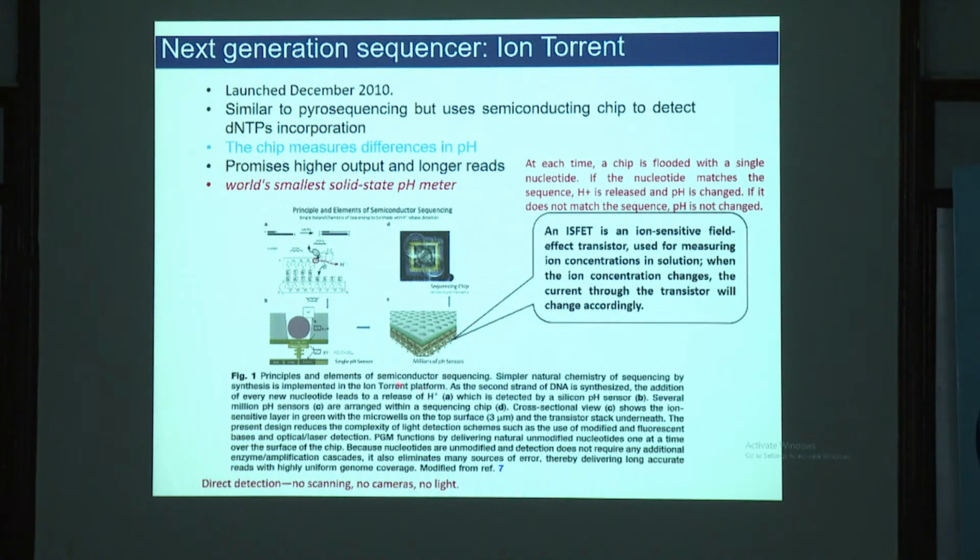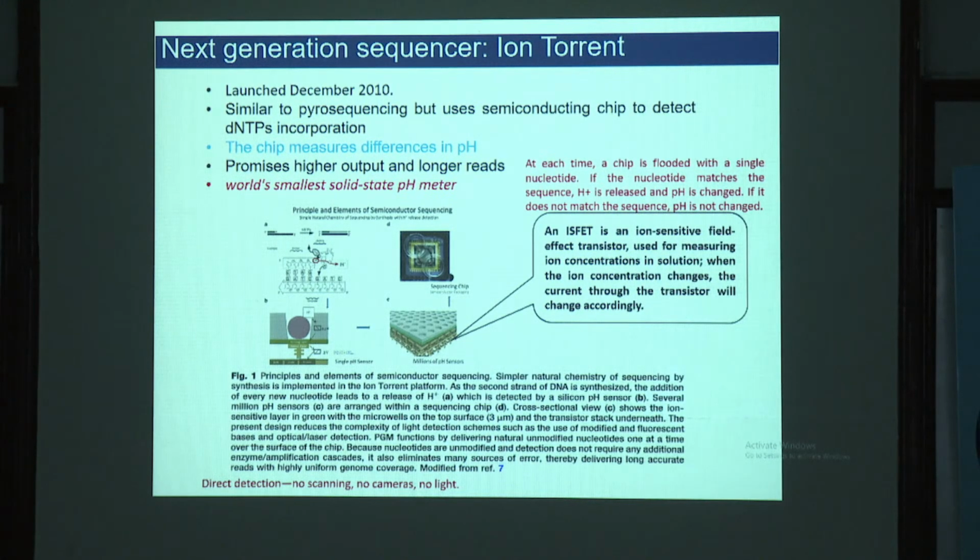You can see here this ion-sensitive layer. The incorporation of nucleotides, or the release of H+, causes a change in the pH, and this pH change will be monitored by this layer. The whole chip is flooded at a time.